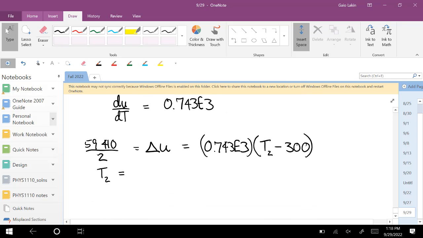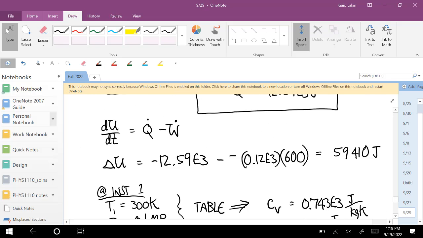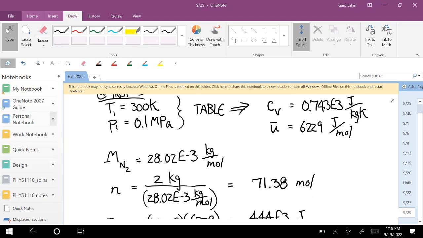Yeah, I got 339. Well, I guess 340 after rounding. Okay, 340 Kelvin. And then we could calculate the pressure using the ideal gas law because it was a rigid tank, wasn't it? Yeah. So we can use the same volume.